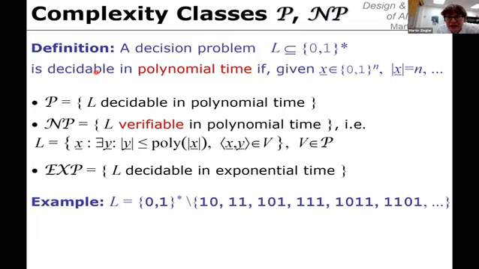And to show that this decision problem, the set of all binary strings which are not binary encodings of prime numbers, belongs to NP, our job is to reformulate the set L in this syntactical form. That's why I call it a syntactical definition of NP.